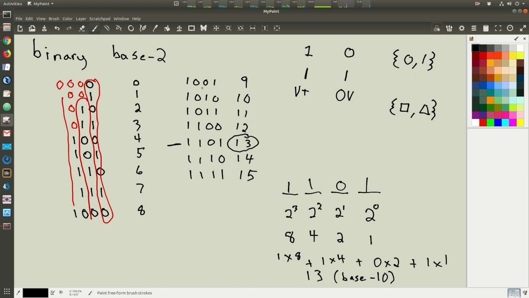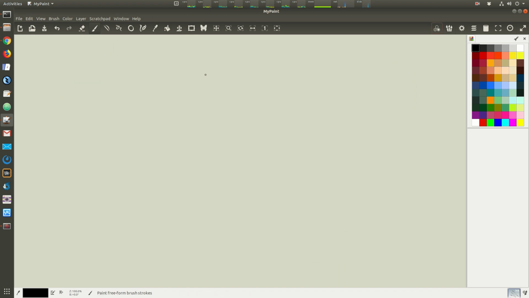All right, so let's do one more number system that comes up quite often in computer science. We have hexadecimal. Okay, so this is base 16. Alright, what is the alphabet in hexadecimal?